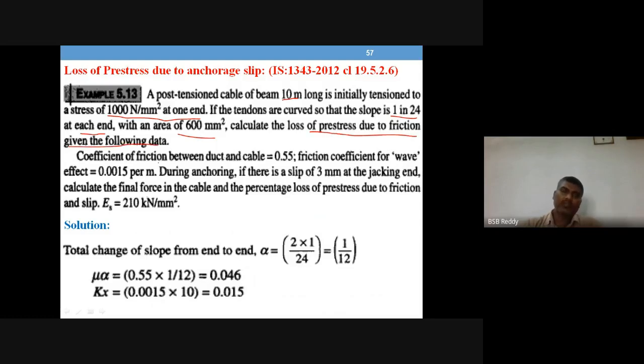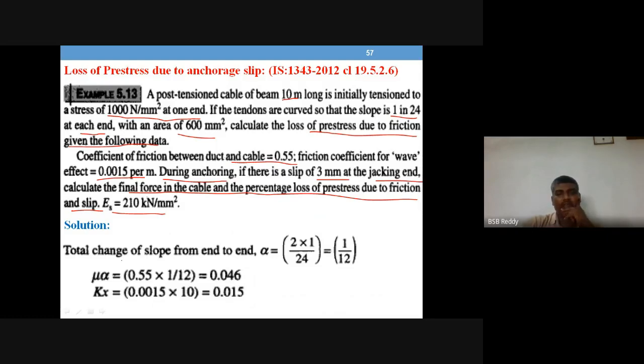The coefficient of friction between duct and cable is given, along with the wave effect coefficient K. There is another part: during anchoring, if there is a slip of 3 mm at the jacking end, calculate the final force in the cable and the percentage loss of prestress due to friction and slip. So it is combined, both friction loss and anchorage slip.